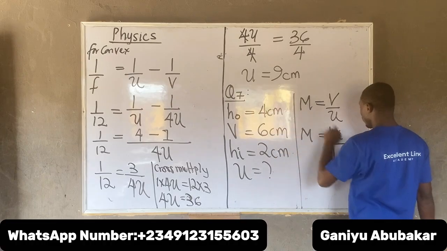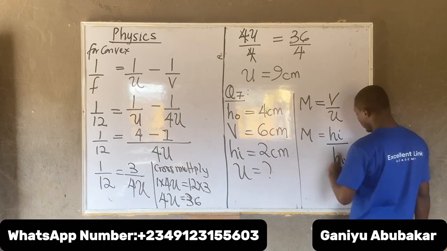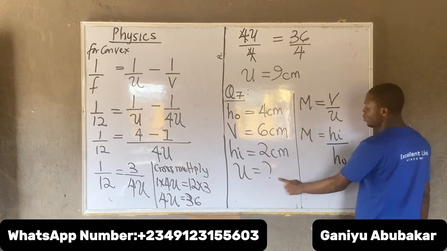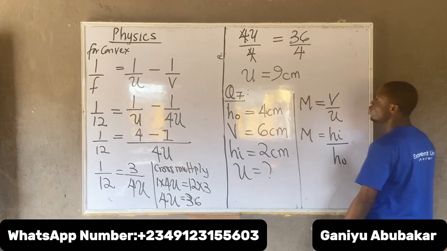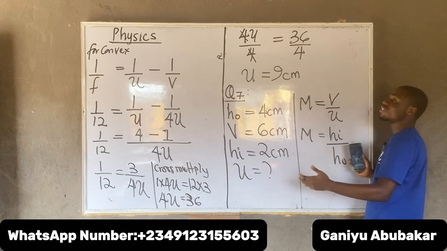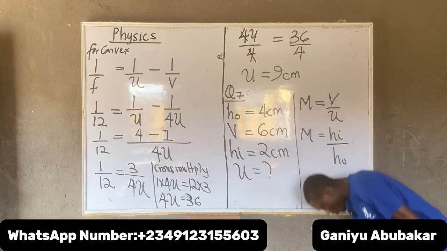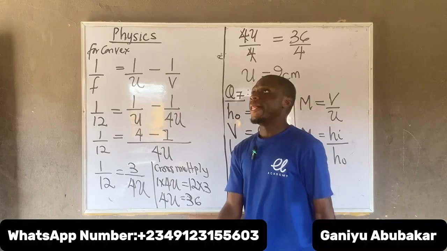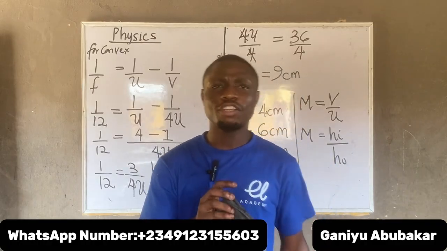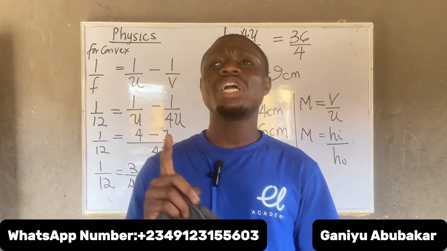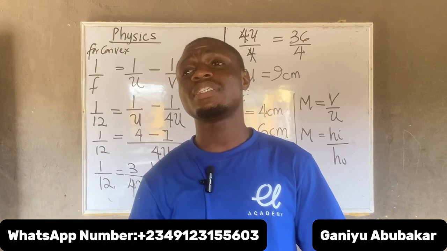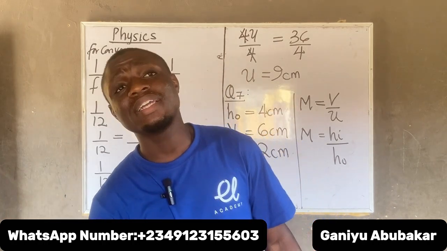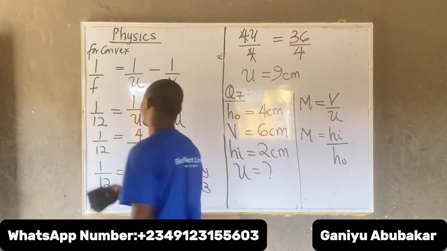Because I'm having HO, HI, and I'm still having V and U. So we have to find this U. What are we going to do? Equate the two together, right? You have to make sure you read the paper properly to know which one is the object distance, image distance, object height, and image height, please.